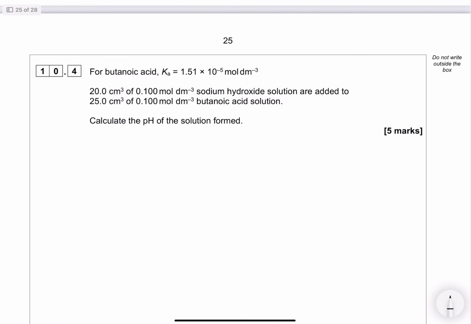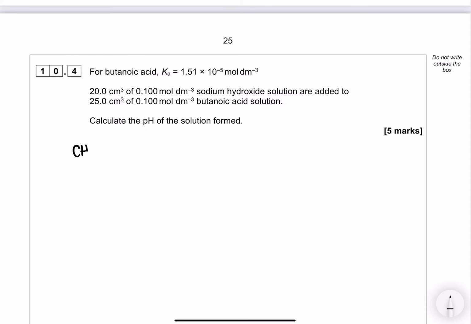For butanoic acid, we've been given a new Ka value. 20 centimetres cubed of 0.1 molar sodium hydroxide are added to 25 centimetres cubed. So we've got an excess of weak acid, and we're adding a base. We're going to be creating a buffer here because we have excess weak acid.